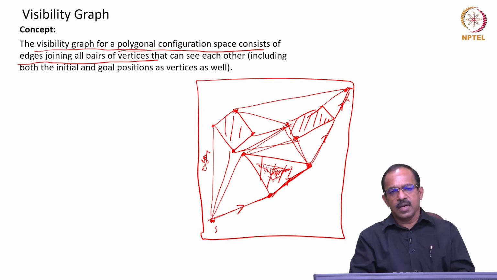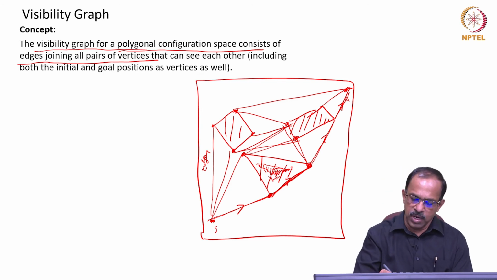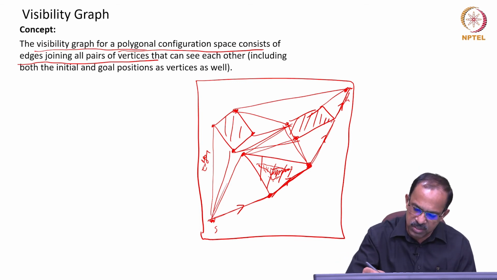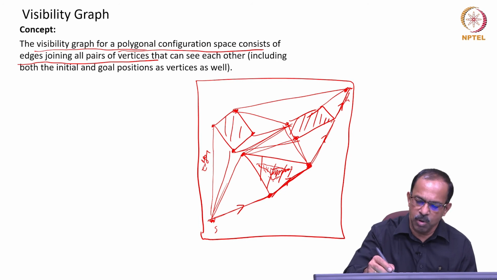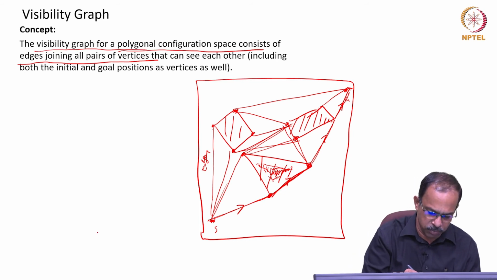That is the assumption here, and therefore the robot can take a path from here to here, then here, and then reach here. Or it can go like this, then pass here, and then go like this, and then reach here. So like this, there are multiple options for the robot to move.